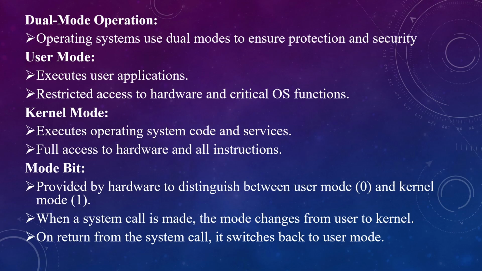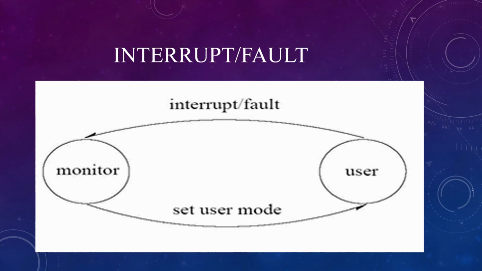Finally, we learned about the concept of dual mode operations, where the OS switches between user mode and kernel mode using a mode bit to protect system resources and maintain control. These are foundational, very basic concepts, and very crucial for understanding how an OS functions internally and how it keeps our computer stable and secure.